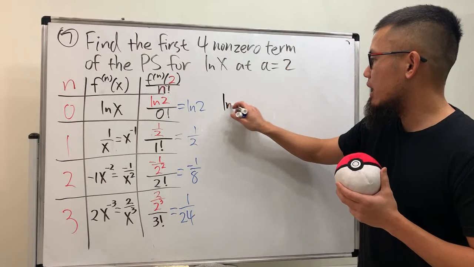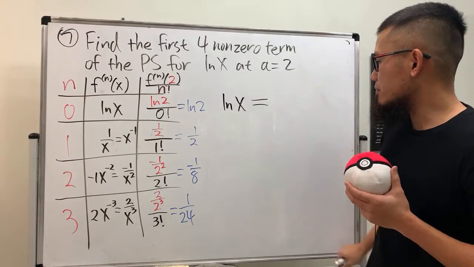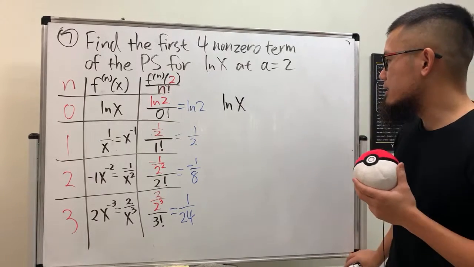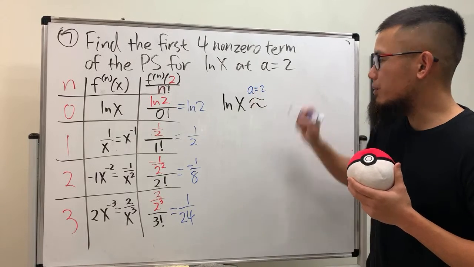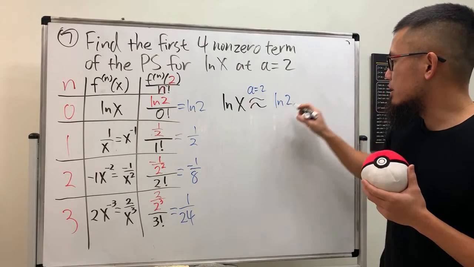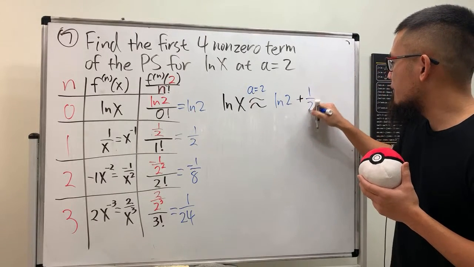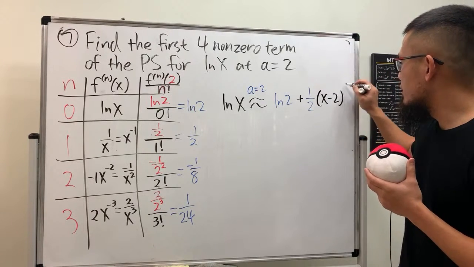So I'll say ln x, and this is how I like to write it. ln x is approximately equal to, when a is at 2, the first term ln 2. The second term is plus 1/2 times x minus 2 to the first power.